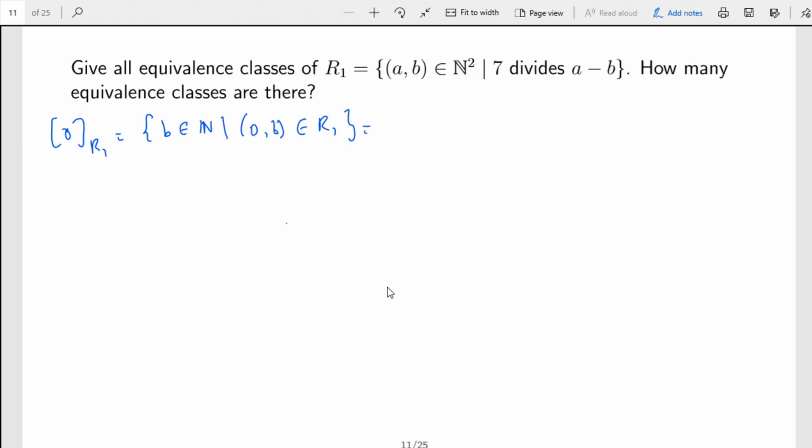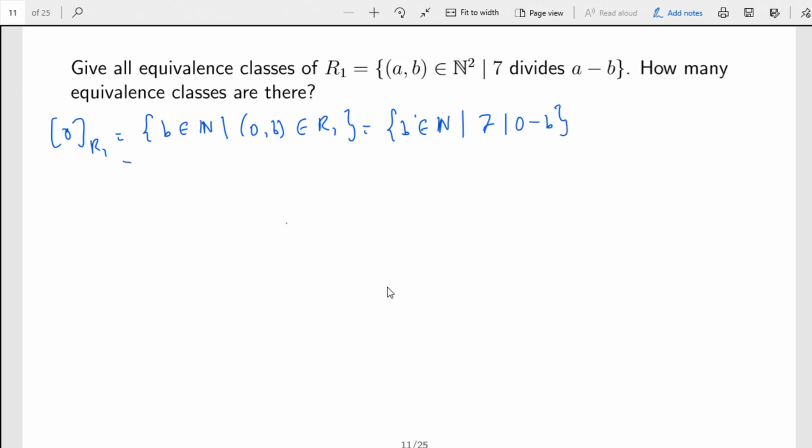Or in other words, the set of all b such that 7 divides 0 minus b.